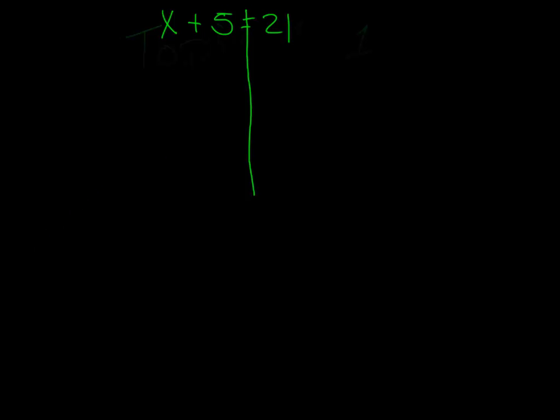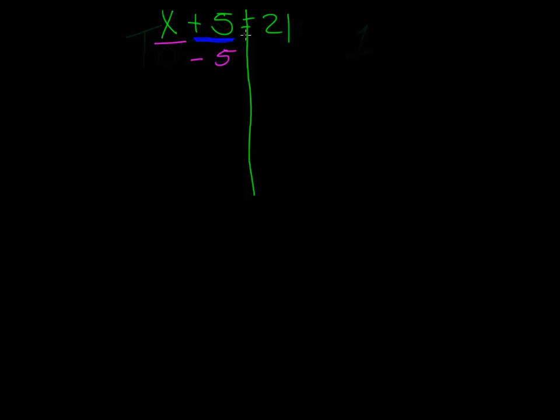Now, one of your first steps is to find the variable. We want to make sure we get the variable by itself. A variable is our x. In order to get it by itself, we have to get rid of this positive 5 that's on this side. Now, if we have plus 5, obviously the next thing you're going to do is subtract 5.